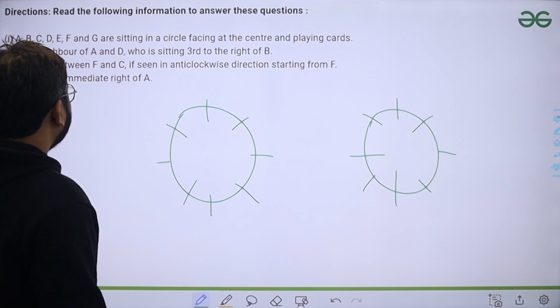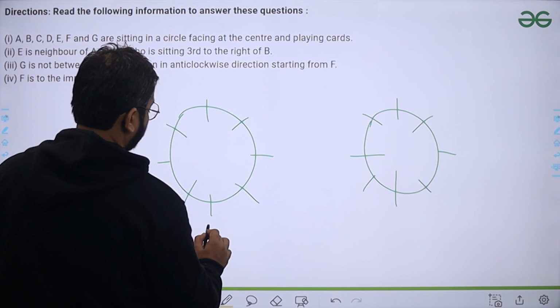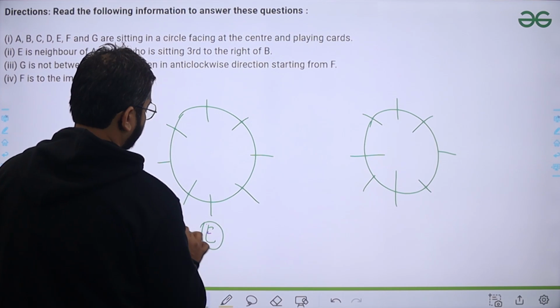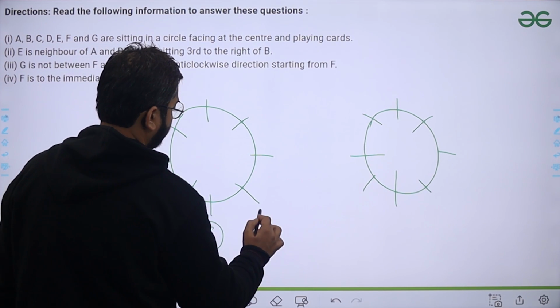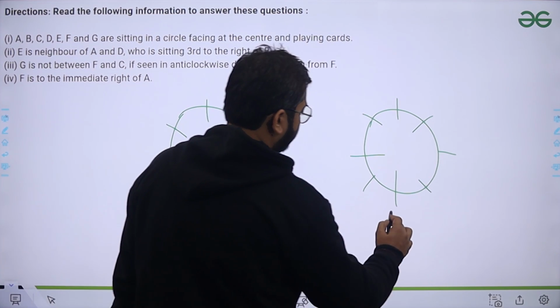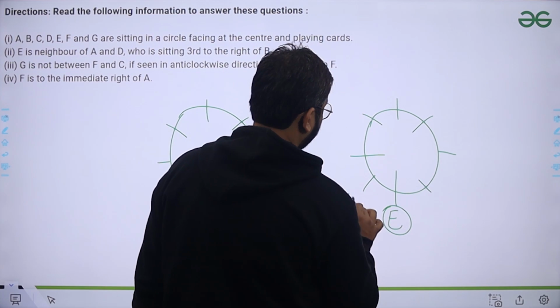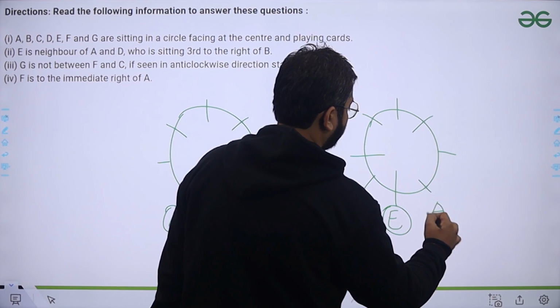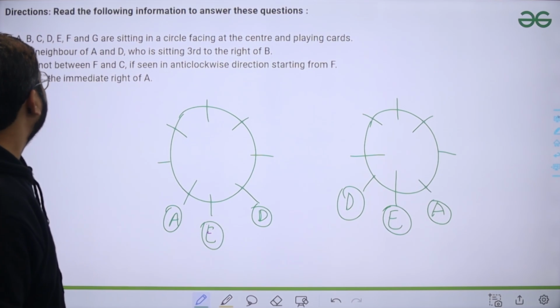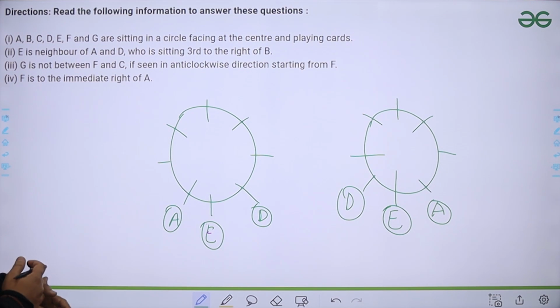E is the neighbor of A and D. So suppose E is here. Then A will be here or D will be here, or if E is here, D will be here or A will be here. These are the only two cases possible. Who is third to the right of B?